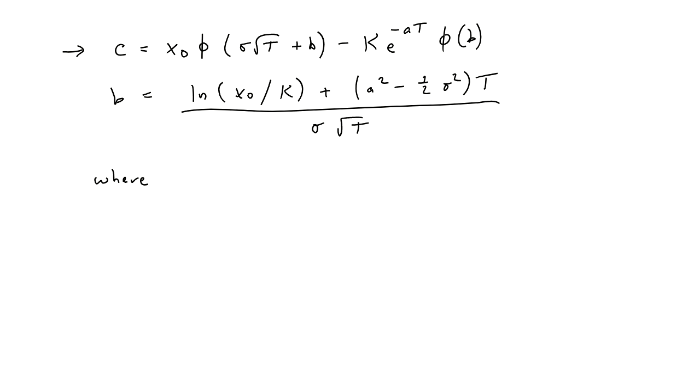Let me remind you all the little pieces. Here x0 is just the initial stock price. Sigma, or sigma squared, whichever way we want to write it, is the variance parameter.